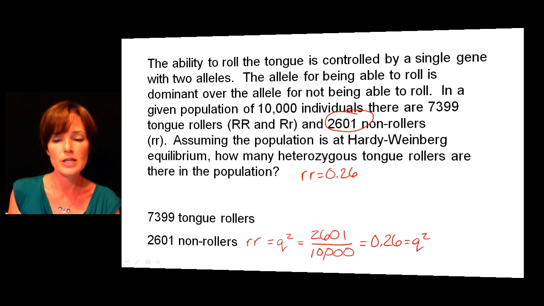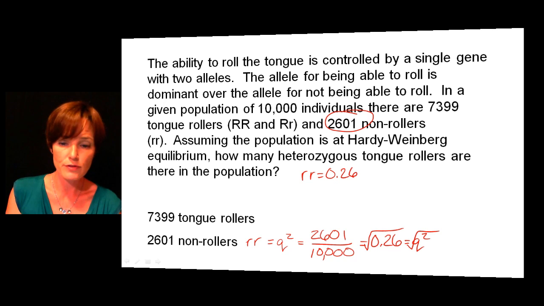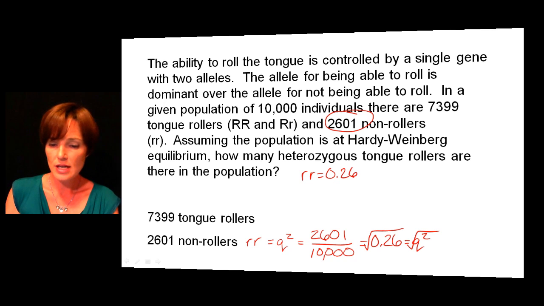If we want to know what q is, we take the square root of both sides. So take the square root of 0.26, and that will give you the frequency of the r allele, or q.